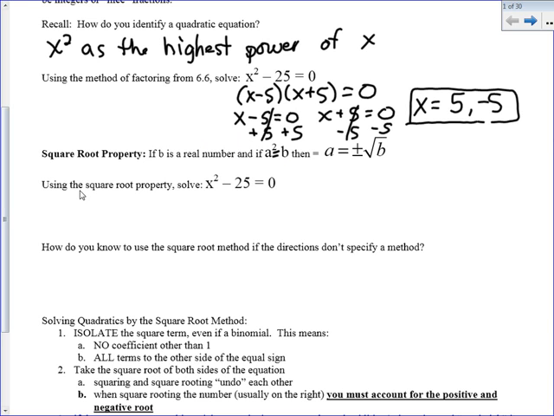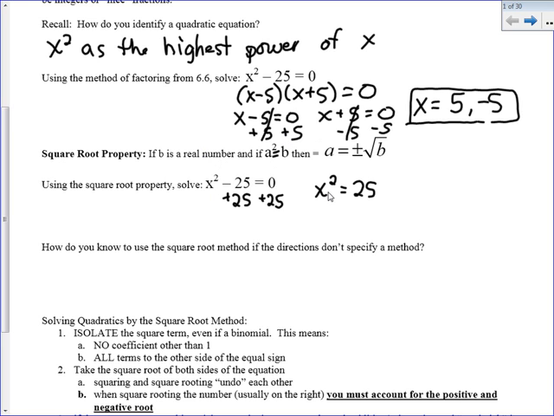So to solve with the square root property, we need that first setup, a squared equals b, where b is my number. So the first thing I'd have to do is move the 25 over if I want to match that setup. So I have x squared equals 25. That's my setup for the square root property. A squared equals b. B is a number.